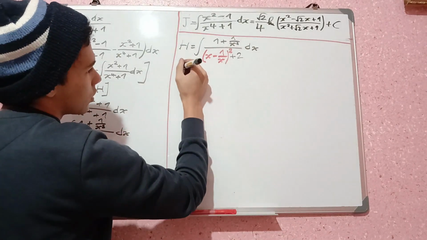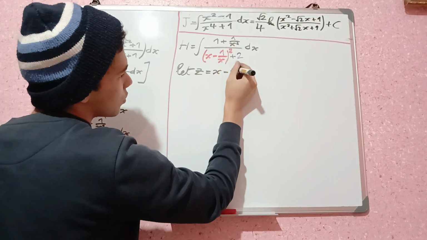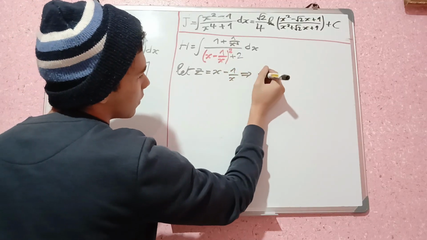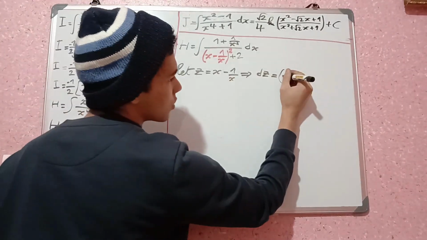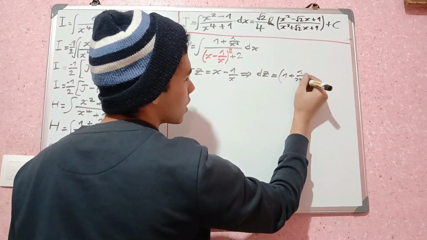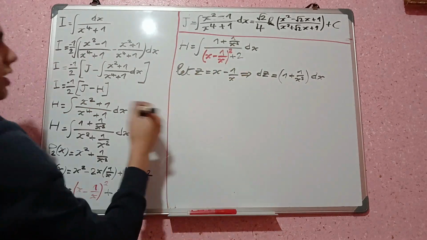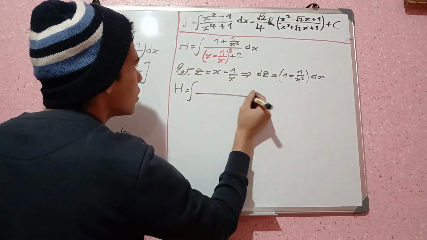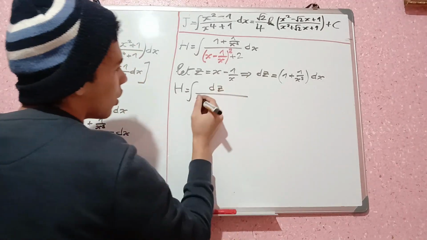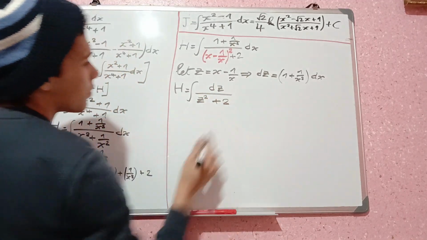Let's use another substitution. Let z equal x minus 1 over x, so that dz equals the derivative of this, which is 1 plus 1 over x squared dx, which is the same as this. It's very nice. So h will be equal to the integral of dz over z squared plus 2.